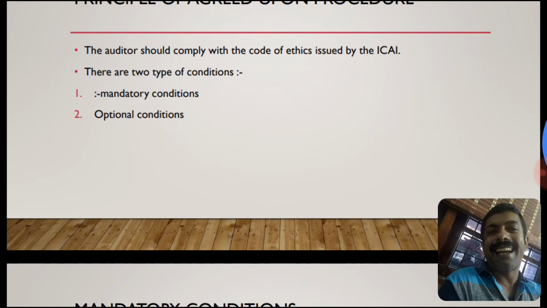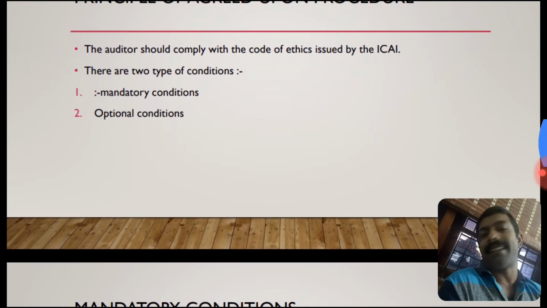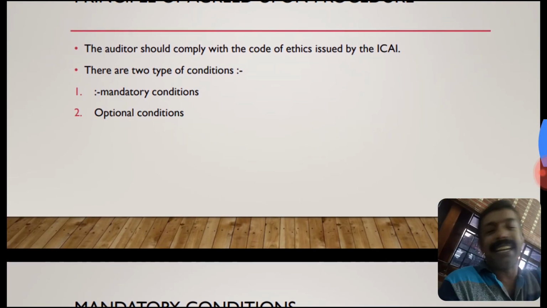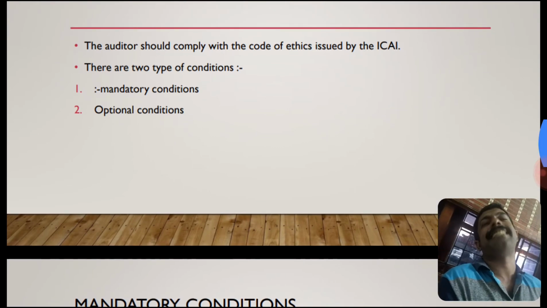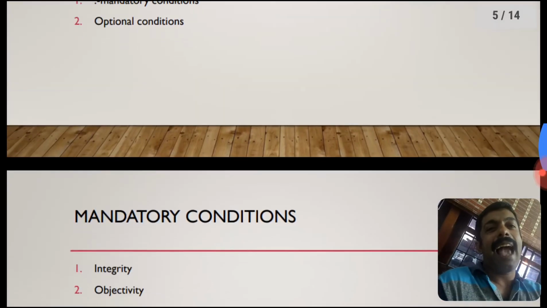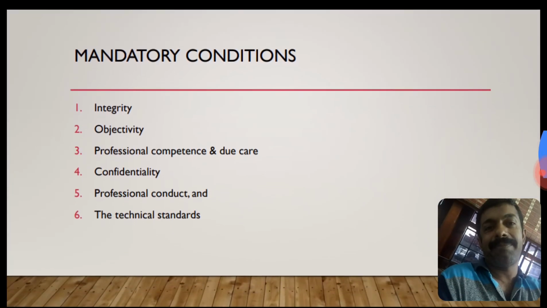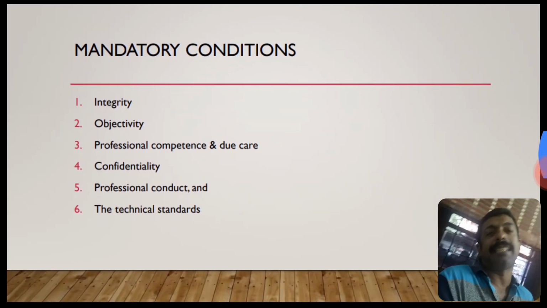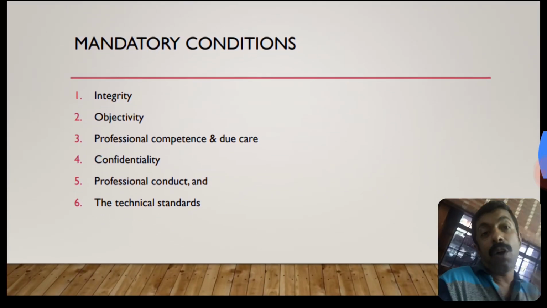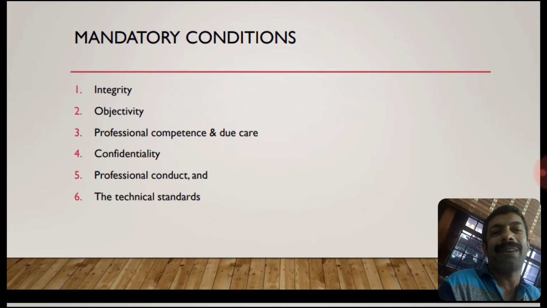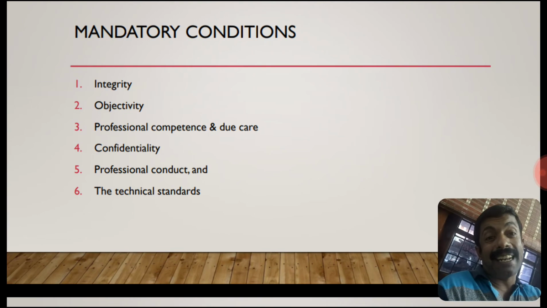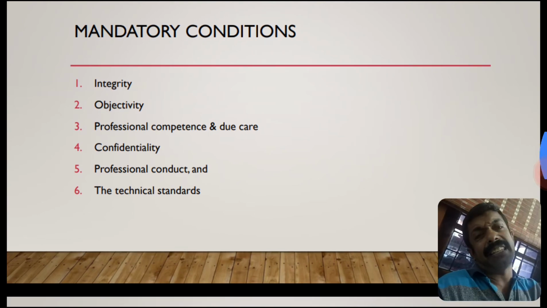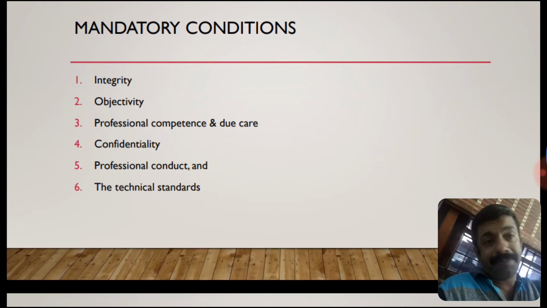So there are certain conditions, mandatory and optional. Ethical conditions are mandatory, and there is an optional condition. Mandatory conditions: ethical standards, integrity, objectivity, professional competence and due care, confidentiality, professional conduct and technical standards. All these are mandatory.